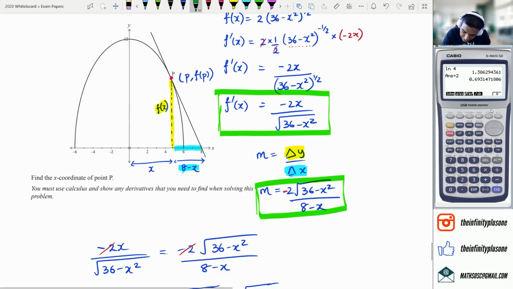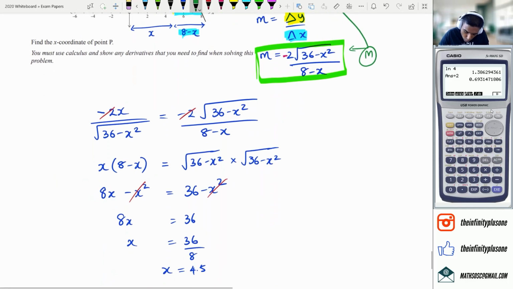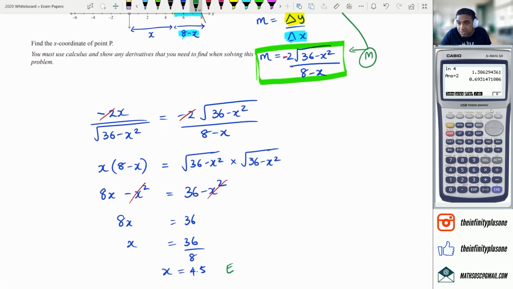So that part there gets you an Achieved. Correct dy dx and correct gradient of the tangent could get you a Merit. And finally, getting that 4.5 as your final answer is going to get you that Excellence by the looks of it.